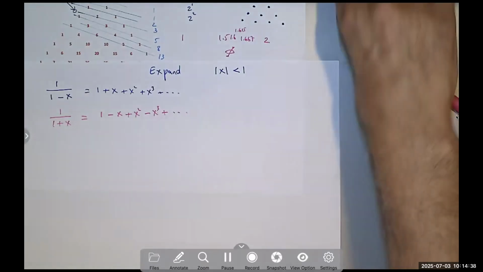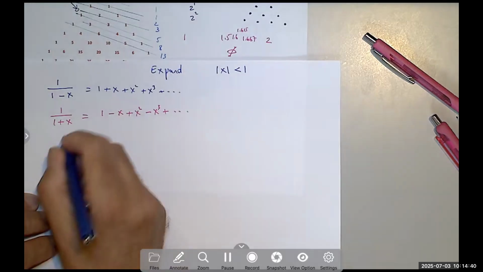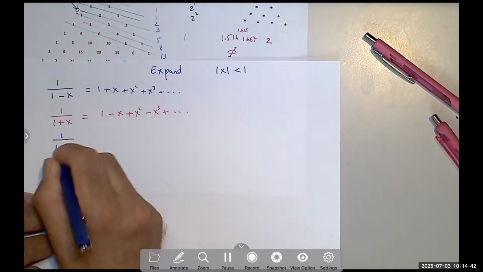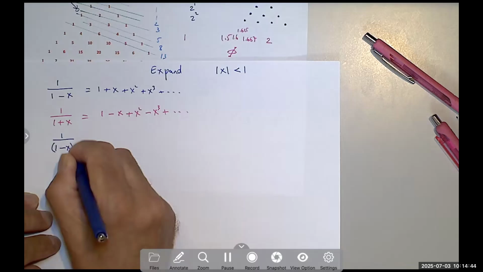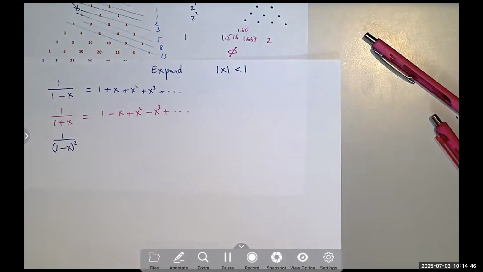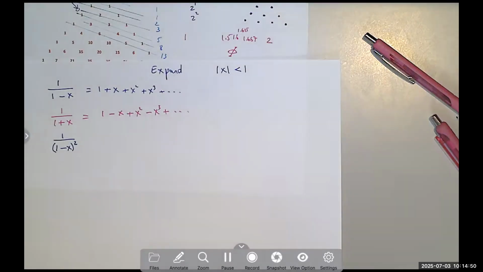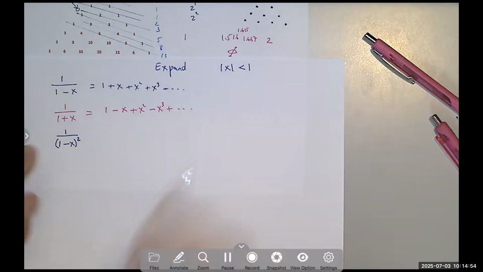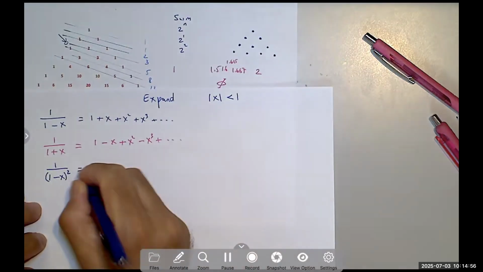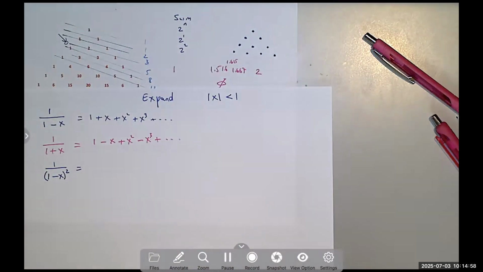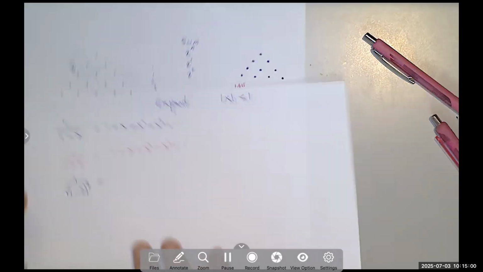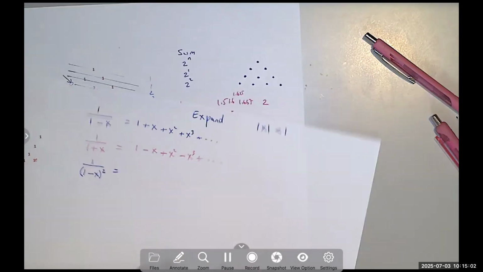You don't have to care. What if it's 1 over 1 minus x quantity squared? What do you get there? I say, I don't know, that's a lot of work. I say, yes. And here is Pascal's triangle to the rescue.